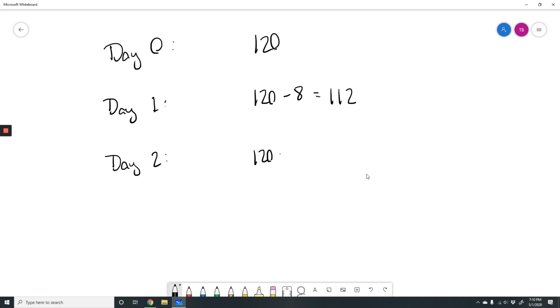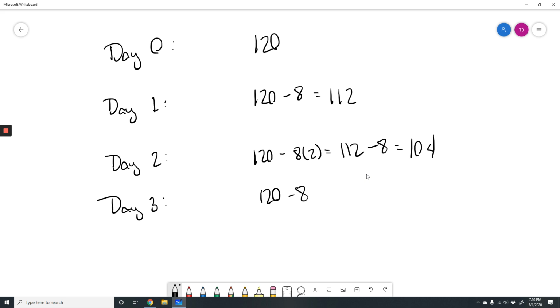So that's 120 minus 2 times 8. Let me write it this way. 8 times 2. So we're taking that 8 tons out twice, which is just another 8 tons from what we had before, which is 104.